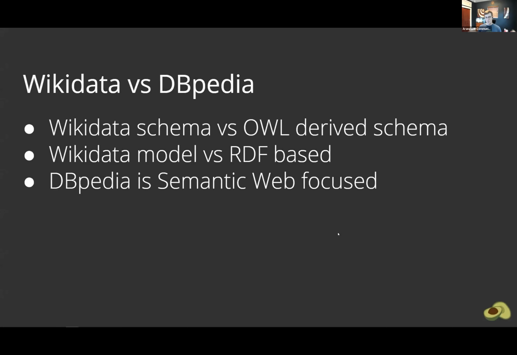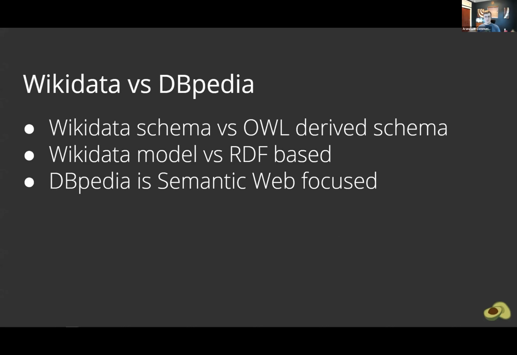And then taking from Wikidata to DBpedia, both considered knowledge graphs, whereas Wikidata has its own sort of schema that it developed, and DBpedia is derived from OWL, which is the web ontology language, which we'll look at in a second as well.